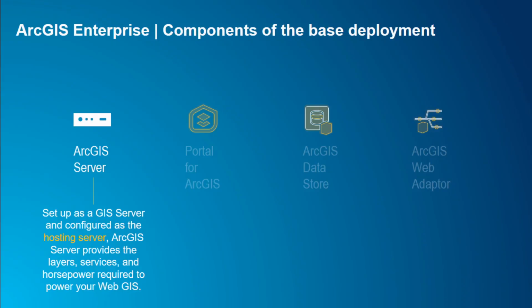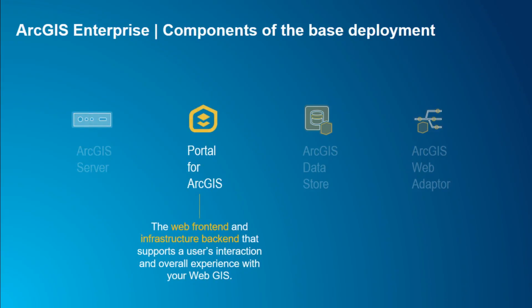The hosting server, that's what it does. So this is where all the services that come through actions within the system are actually served out of. There's a REST endpoint that's coming out of the hosting server. Hosting server is also just a traditional GIS server itself. So you can also publish your own traditional services from data that you're referencing as opposed to handing over copies to the system. So it plays a couple of different roles here.